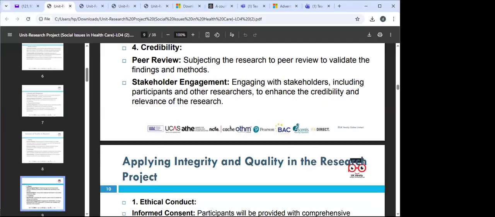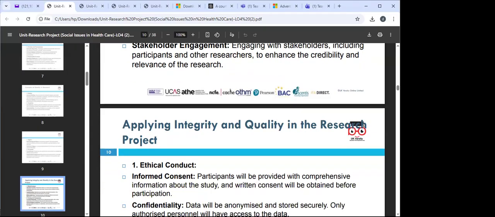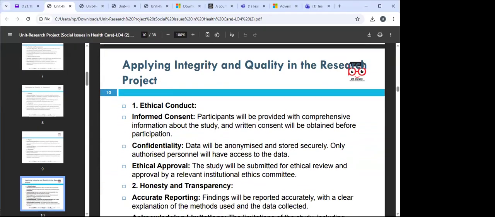Even those you gather information from also become stakeholders. So you need to keep them up to date with what you have done so far and what you intend to do with that research work. This helps to create some kind of credibility in your research work and the relevance of its application.